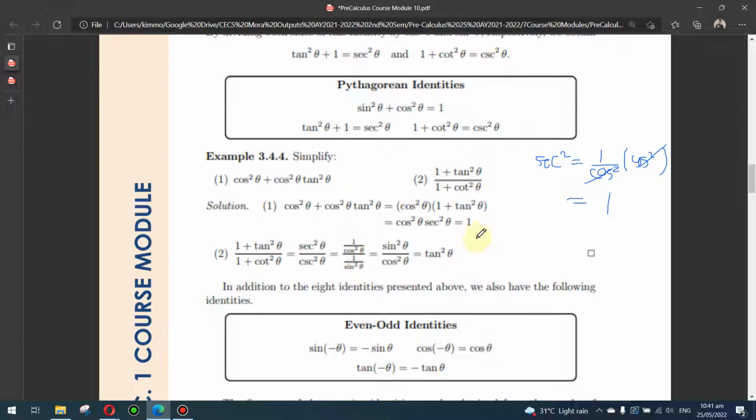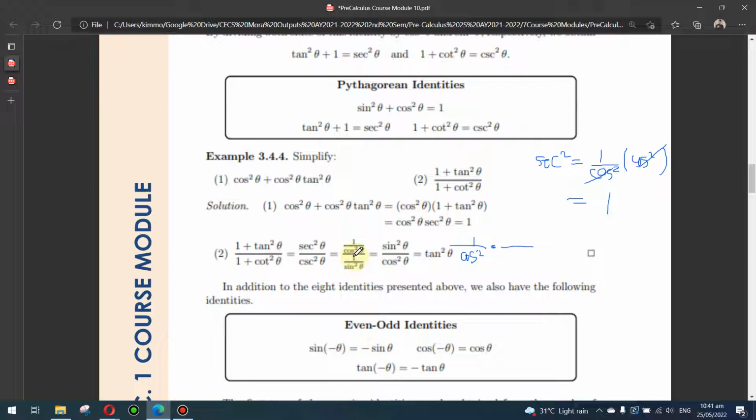So we have a fraction in the numerator and a fraction in the denominator. So, when the numerator is a fraction, you multiply it by the reciprocal of the denominator to simplify. In the numerator, we have 1 over cosine squared. We multiply it by the reciprocal of the denominator, which is 1 over sine squared.